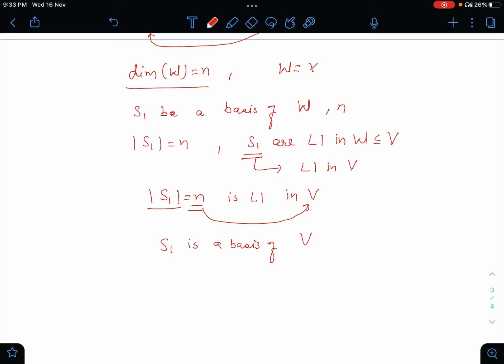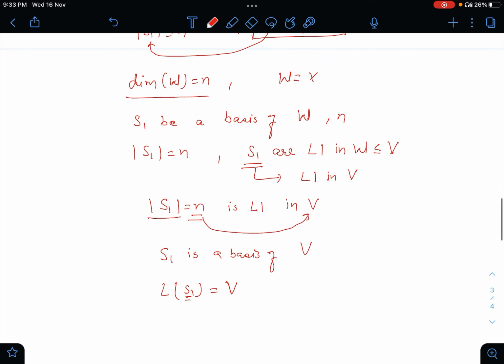Hence the linear span of S1 is equal to V. And since S1 is a basis of W, as we assumed in the beginning, the linear span of S1 is W also, which shows that W is equal to V.